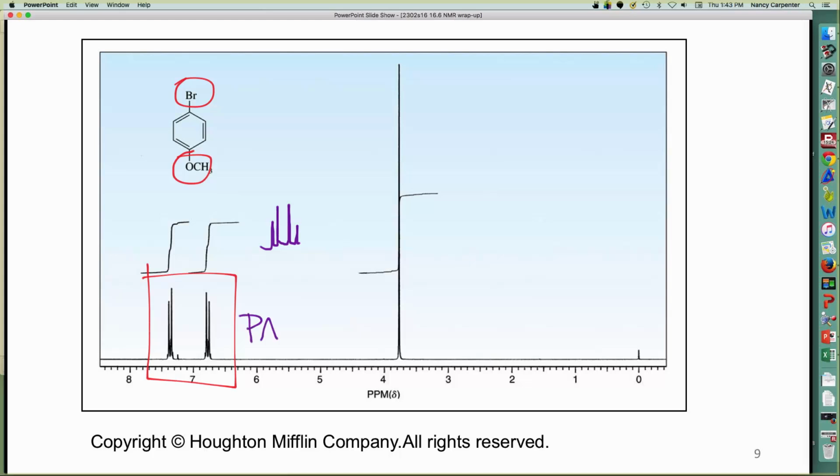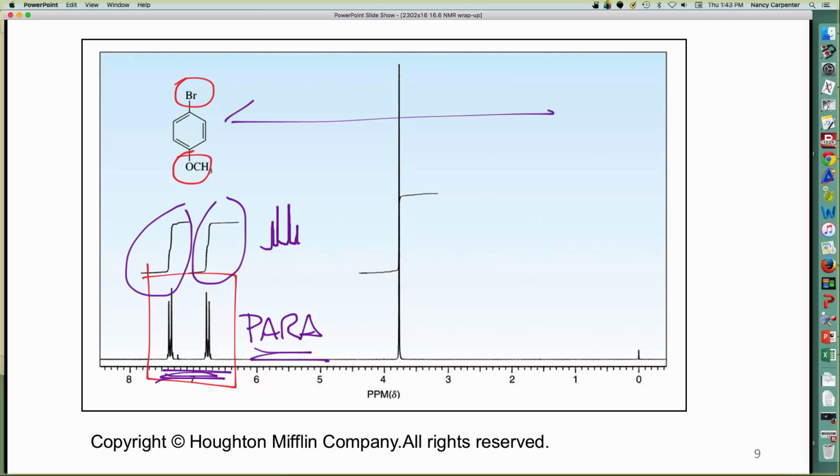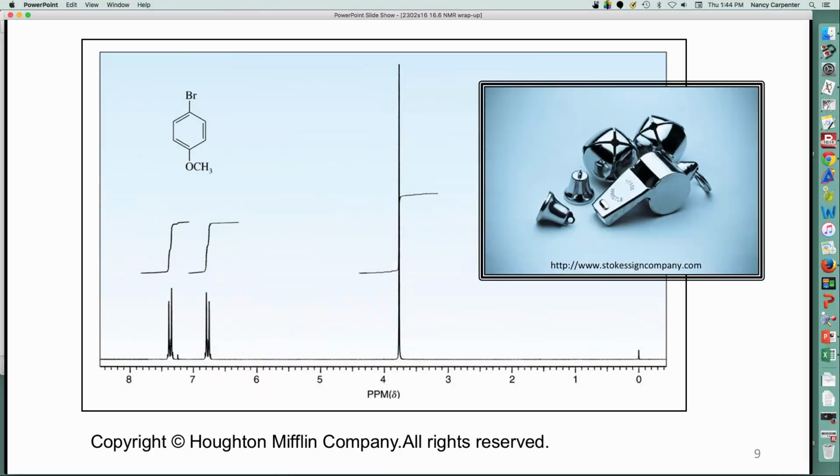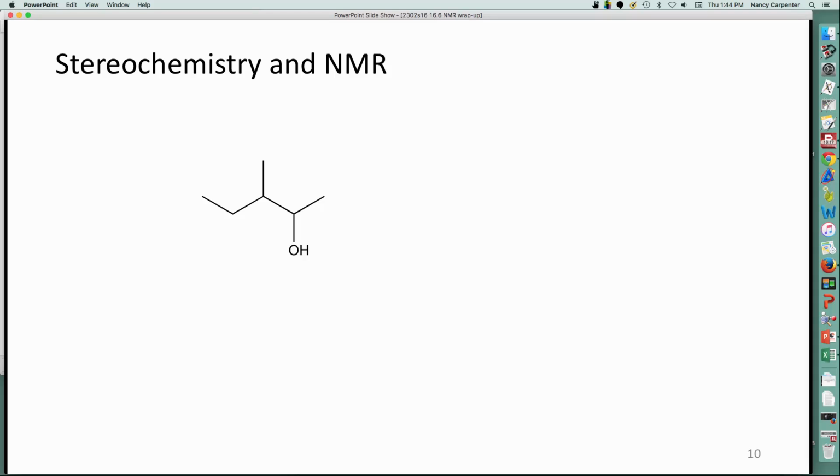This is a dead giveaway for a para-substituted aromatic ring. So when you see this nice symmetric pattern that looks like two doublets or a quartet, with equal integrals, that's saying, boy oh boy, that's definitely a para-substituted aromatic. Okay, bells and whistles for that.